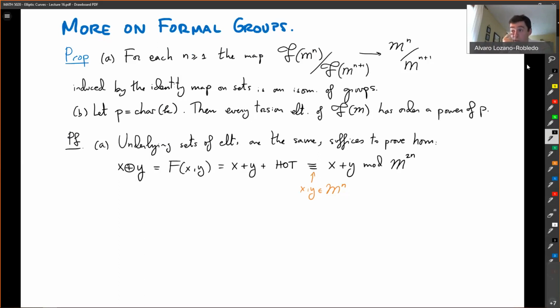Okay, and if n is at least 1, that is at least m squared, so this is modulo m to the n plus 1 just x plus y.